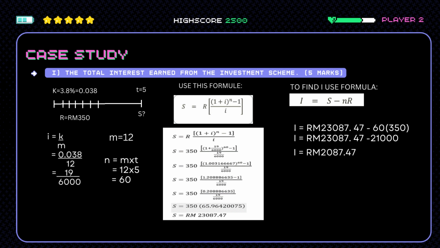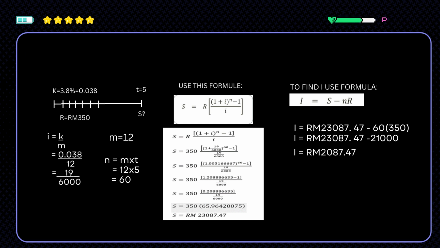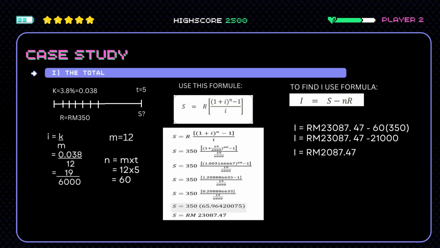We divide by 19 over 6,000, after that we get 65.964200035. We multiply by 350, and after that we get the value of S. The value of S is RM23,087.47.